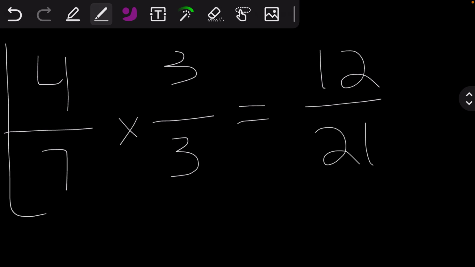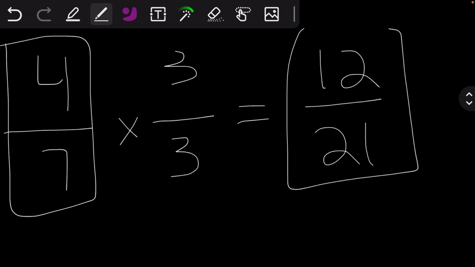So 4 over 7 and 12 over 21 are equivalent fractions. What does that mean? That means that they take up the same amount of space, but they use different numbers. That's all. Please don't let anybody else tell you different, because they're just trying to make it more complex than it is.